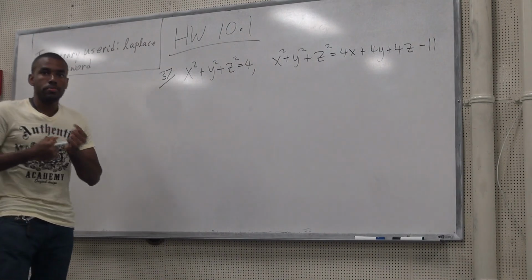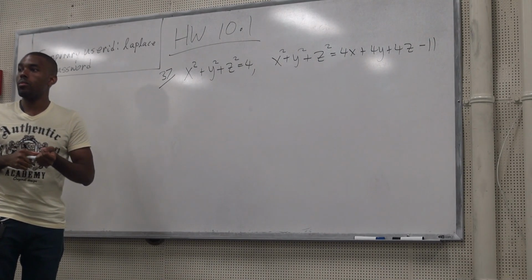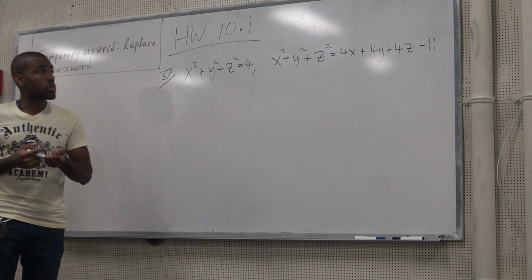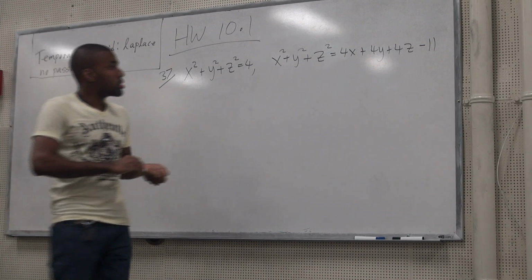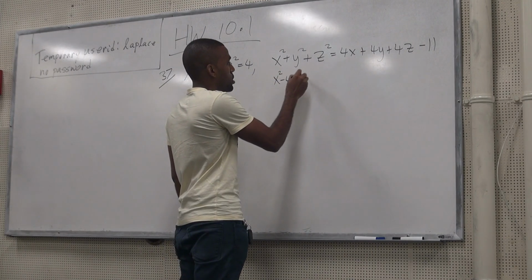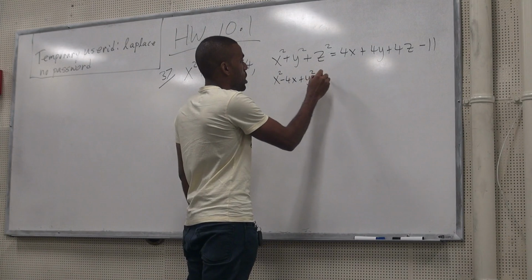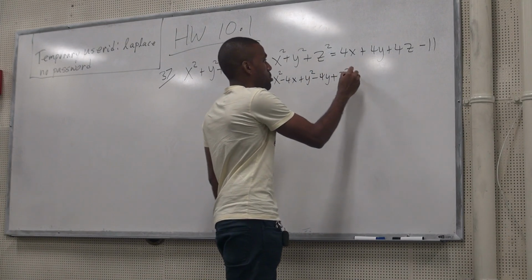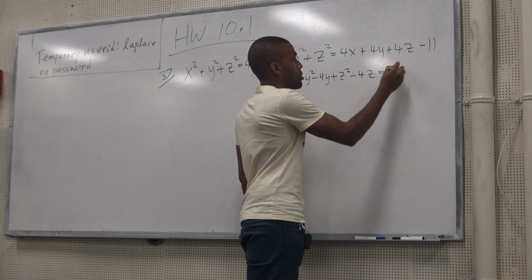Okay, ideas? Yeah? On the right, you complete the square and make that into the equation for a sphere. So this would be x squared minus 4x plus y squared minus 4y plus z squared minus 4z equals minus 11.